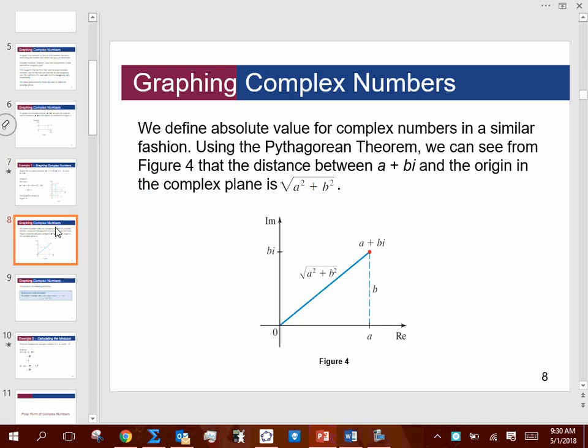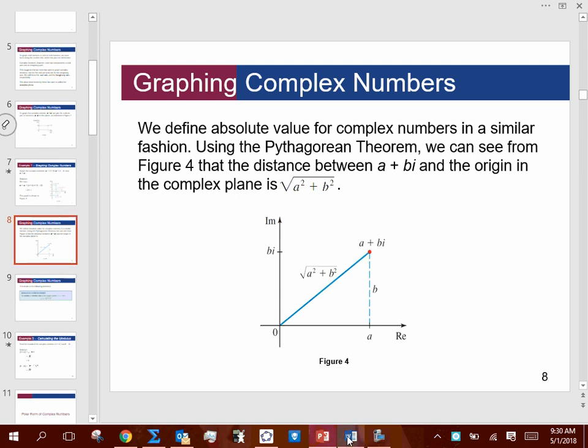All right, so the bridge that allows us to start talking about trigonometry, and to eventually take these rectangular form complex numbers and change them into a polar complex number, is this idea here.